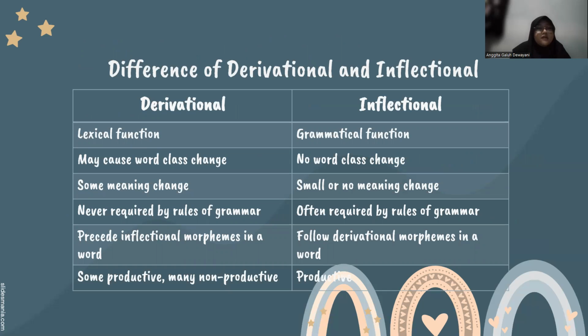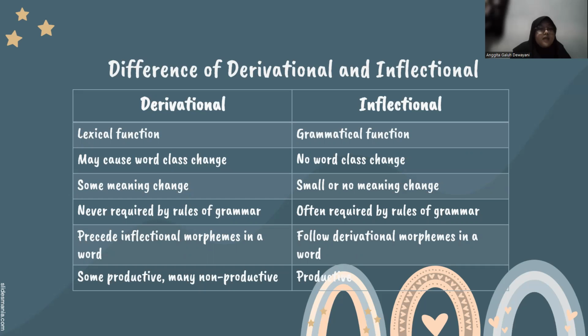The first one: derivational has a lexical function, meanwhile inflectional has a grammatical function. The second one: derivational may cause a word class change, meanwhile inflectional causes no word class change. The third one: derivational has some meaning change, and inflectional has small or no meaning change.